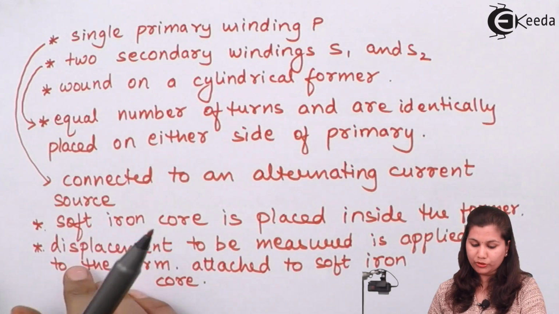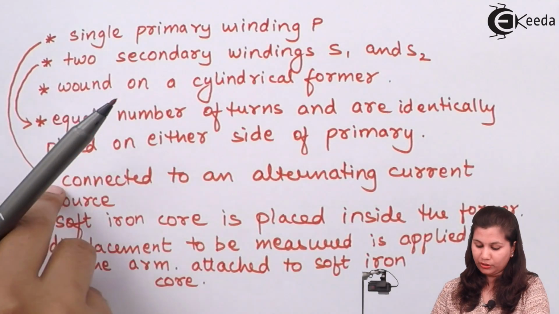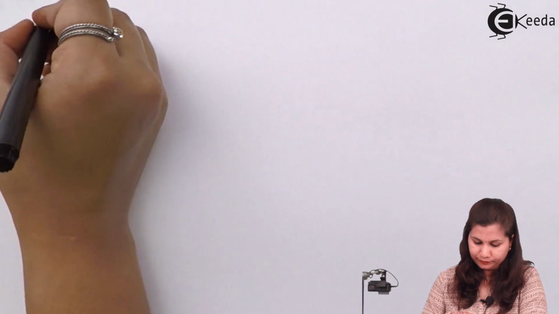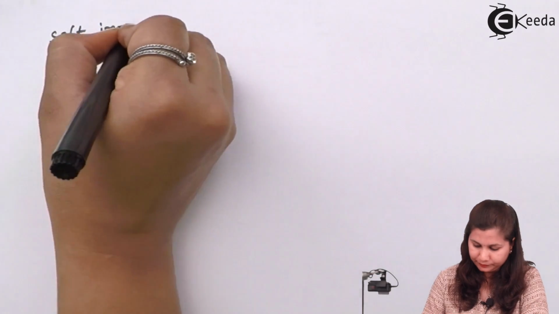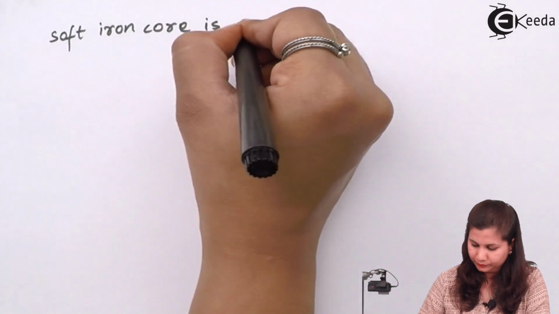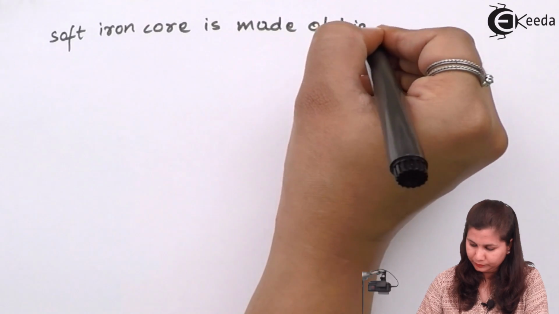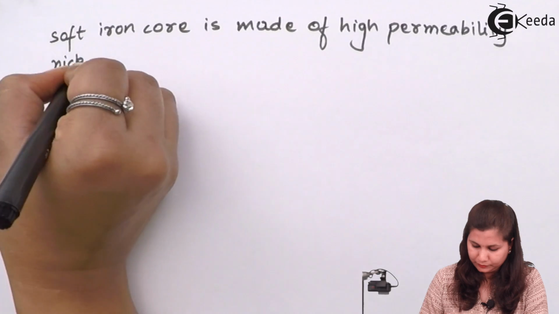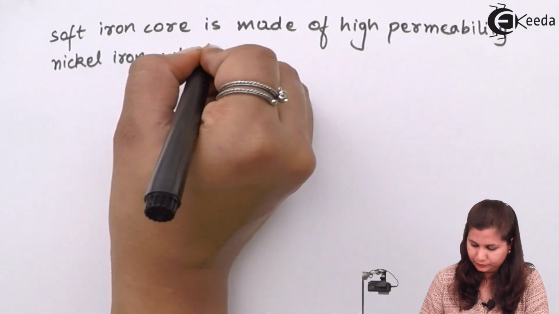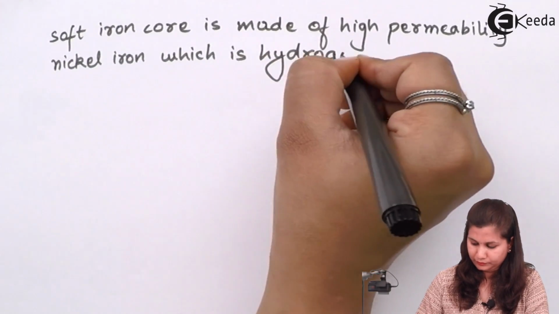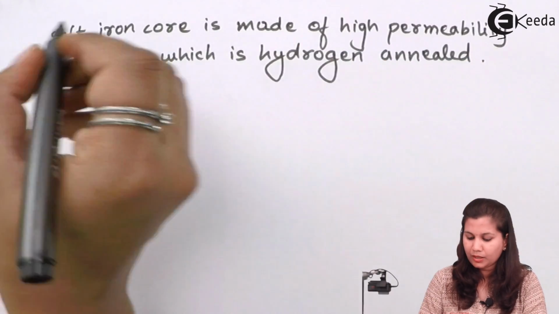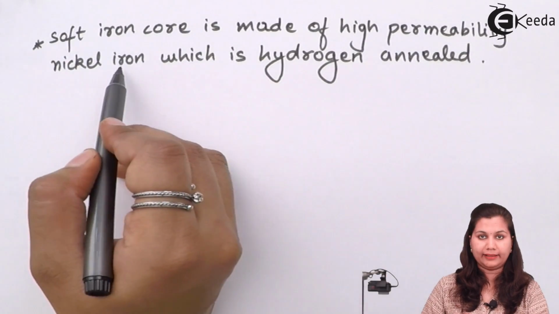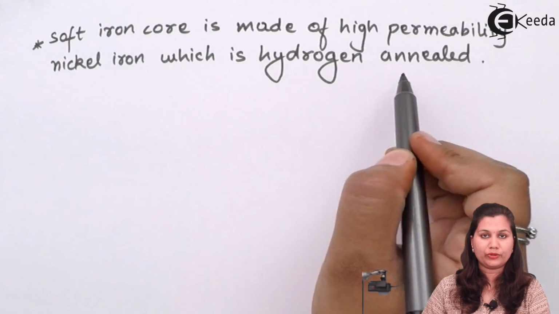Now if we talk about the material of which this soft iron core is made, it is made up of high permeability nickel iron, and this soft iron core is hydrogen annealed.